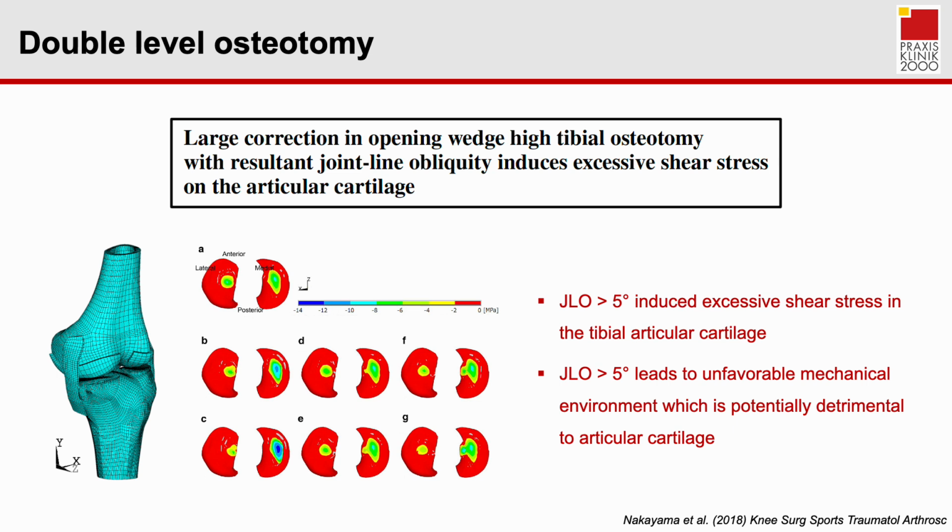This finite element study found that a joint line obliquity of more than 5 degrees induced excessive shear stress in the tibial articular cartilage, leading to an unfavorable mechanical environment, which is potentially detrimental to articular cartilage.